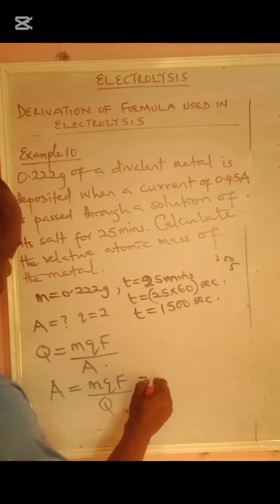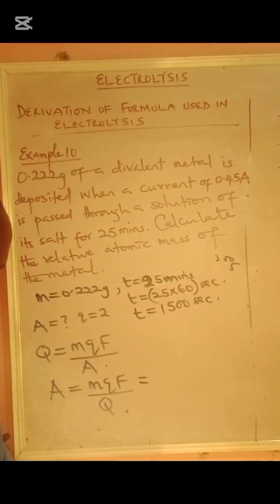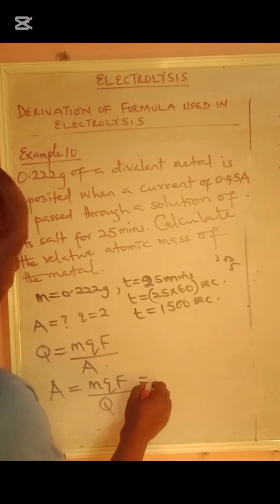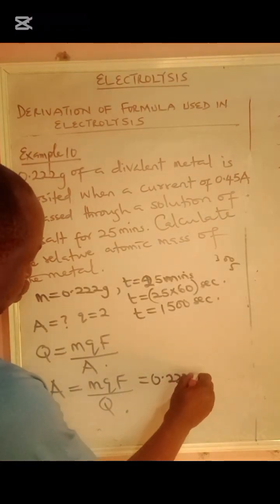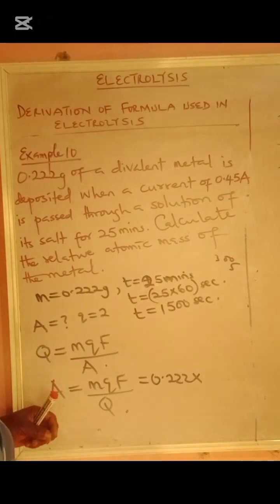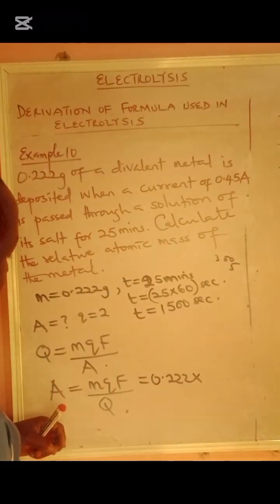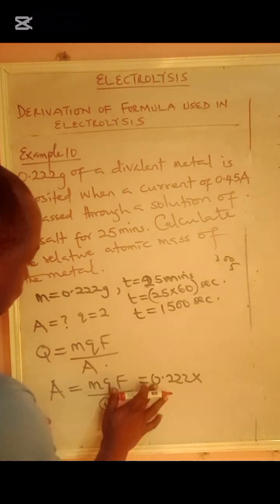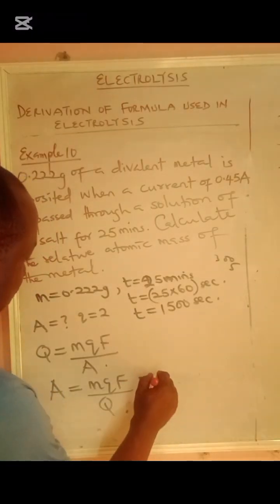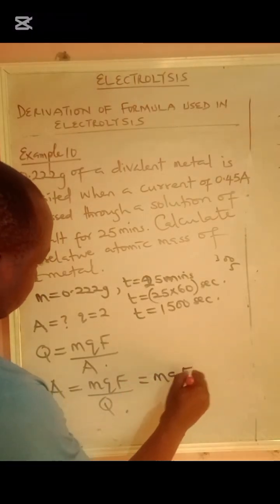So this one will be, what is mass? 0.222 times what again? Before that, you can say MQF all over IT.